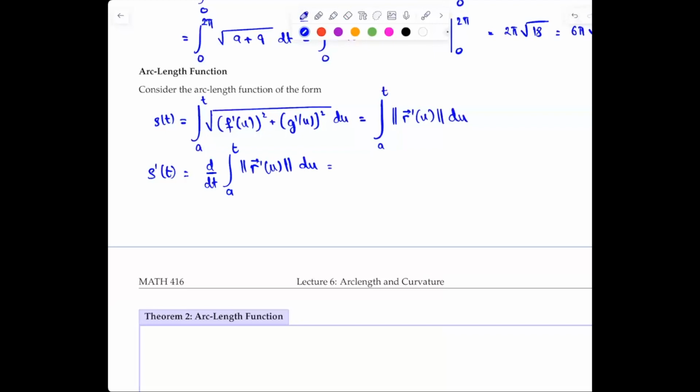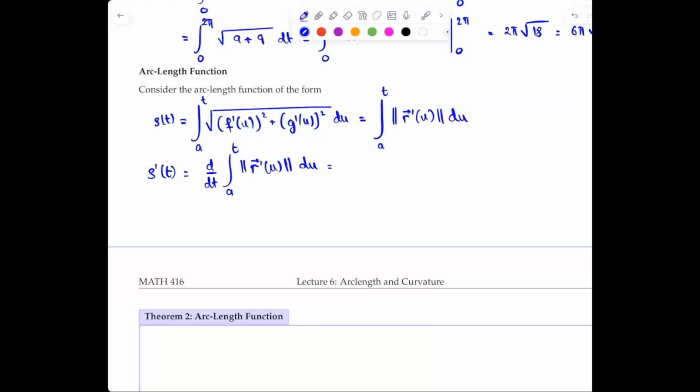So when you take the derivative of the integral, what do you get? Right, so this is part of the fundamental theorem of calculus. There are two branches of calculus, differential calculus and integral calculus, and they are connected to one another through the fundamental theorem of calculus. So this is part one.